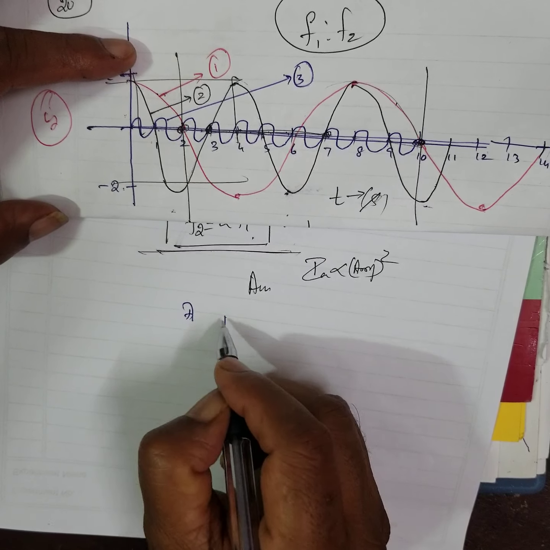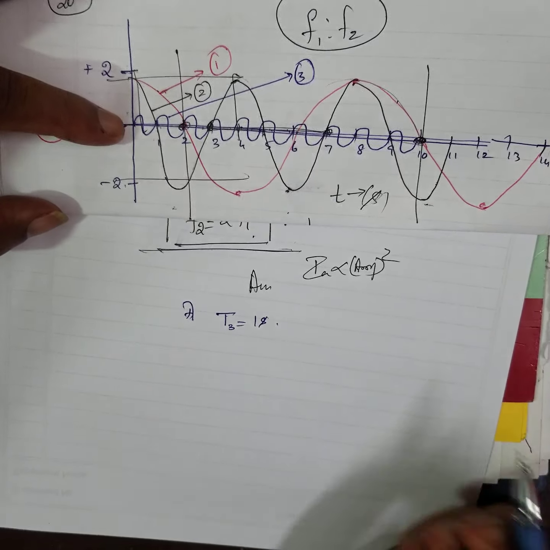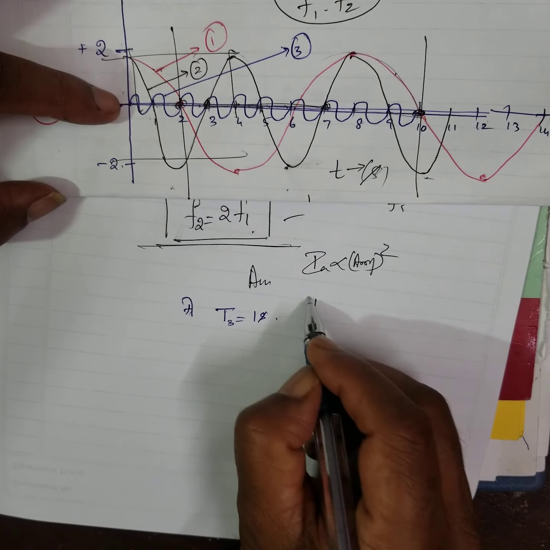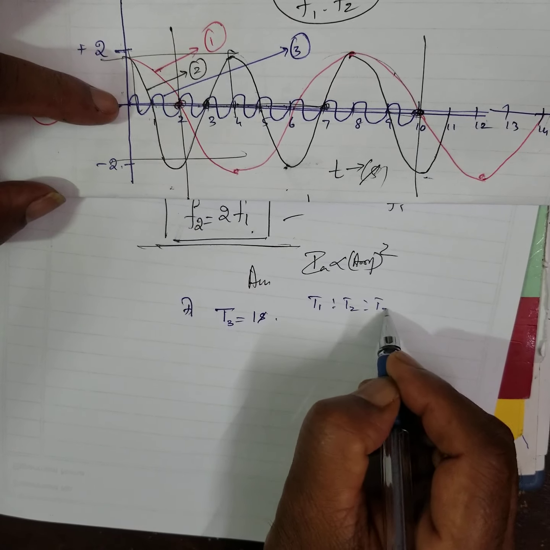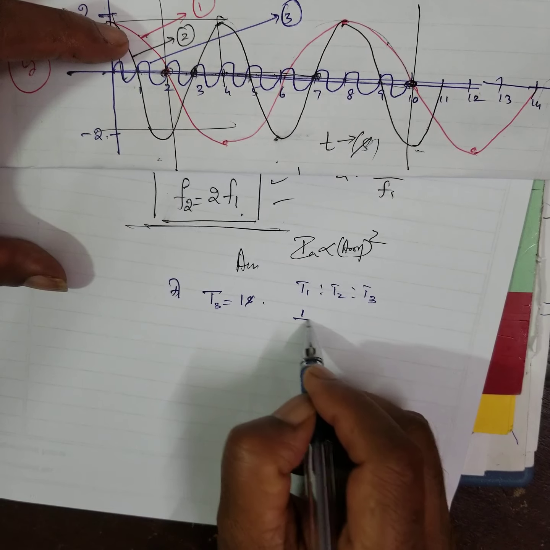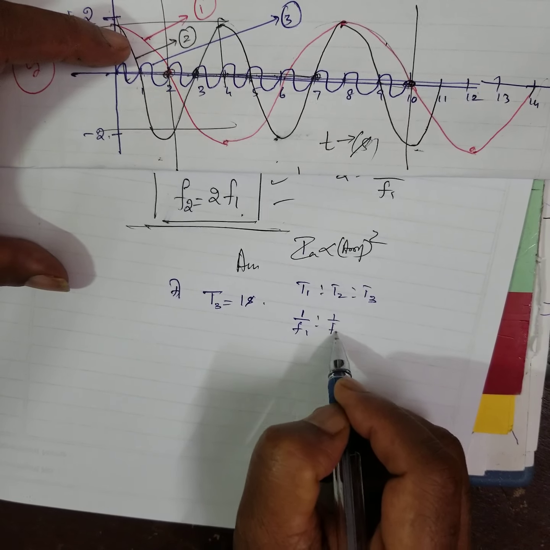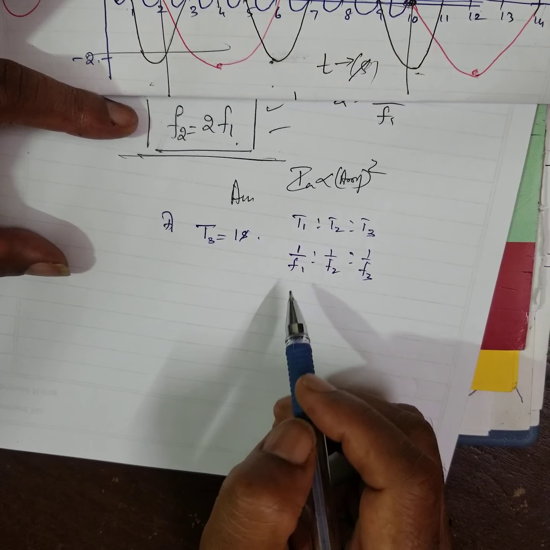What is the period? T3 is equal to 1 second. Therefore, T1 is to T2 is to T3 is 1 by F1 is to 1 by F2 is to 1 by F3, is it not?